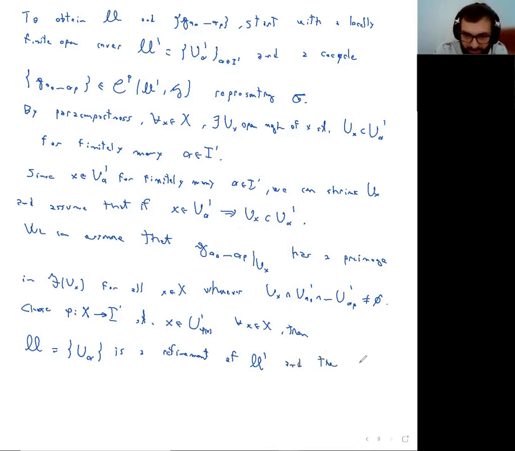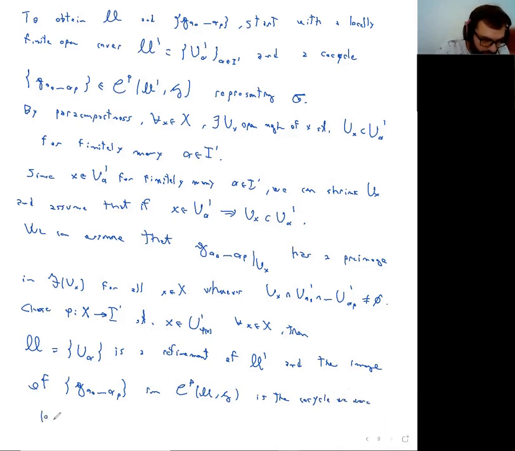And since it's a refinement, we can look at the image of g alpha 0, g alpha p in it. Is precisely what we were looking for.